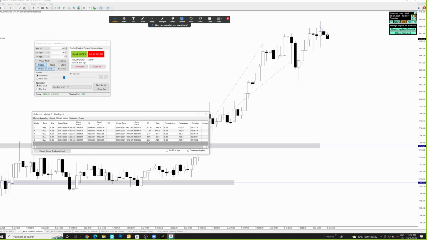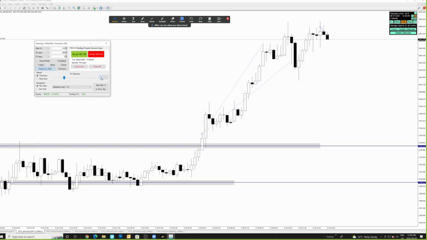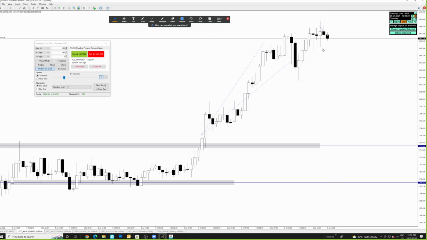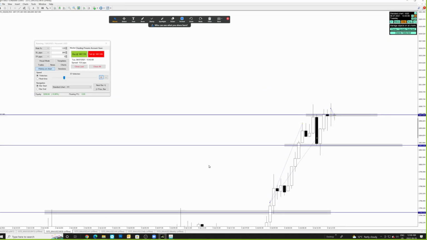Yeah, this is right here. $9.50, 11 cents, we lost $9.50. Not bad for managing risk, right? Because the stop loss was way bigger. The stop loss stated that we're going to lose about $20, but we lost way less than that, so that's still a win. So now we're going to wait to see how this candle is going to close.